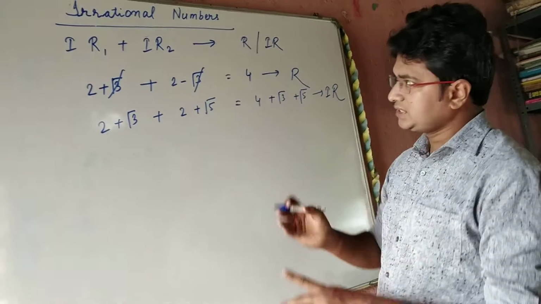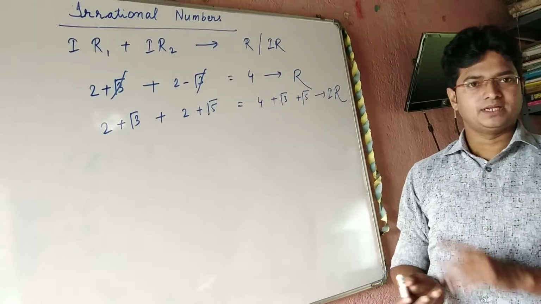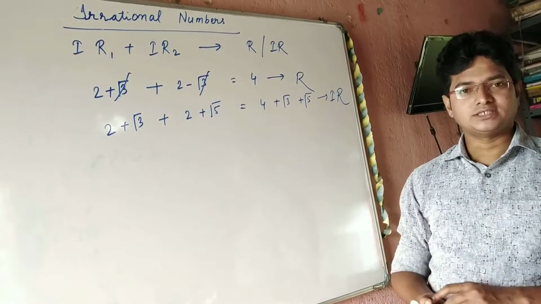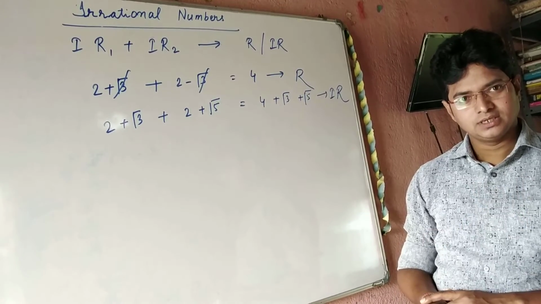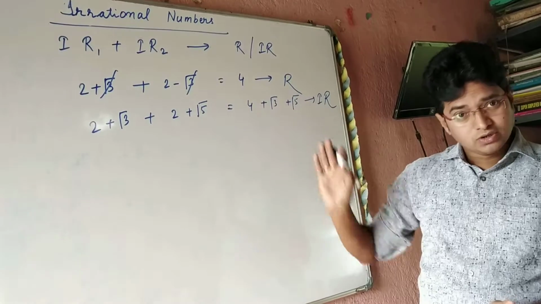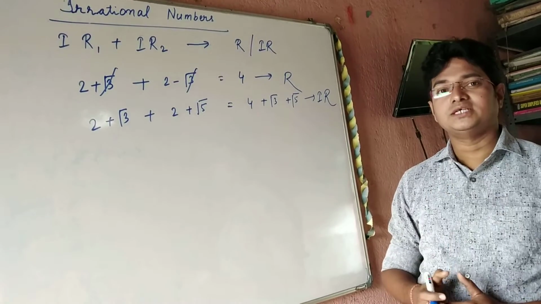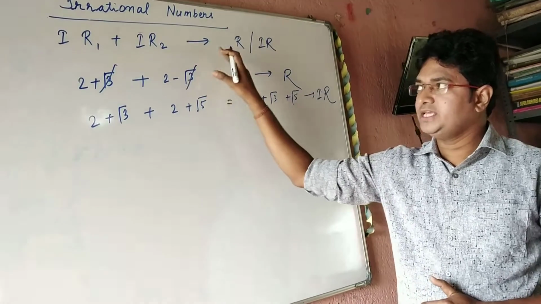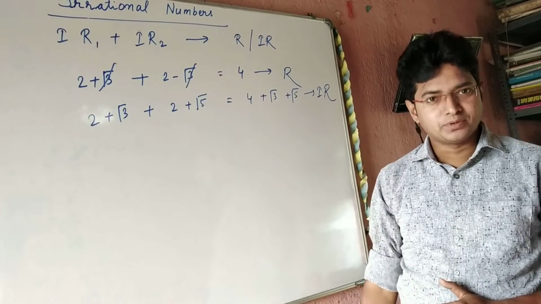So the sum of two irrational numbers can be rational or irrational. In the same way, the difference of two irrational numbers can be rational or irrational. Multiplication of two irrational numbers can be rational or irrational, and division of two irrational numbers can be rational or irrational. In the same way, you can take the example and you can proceed.